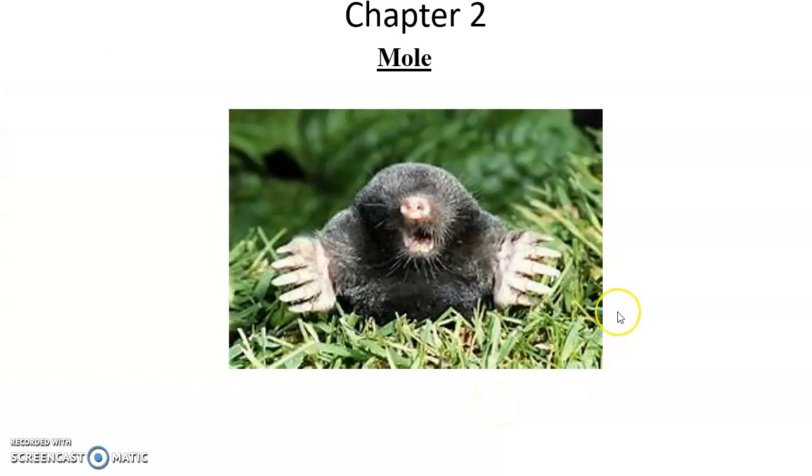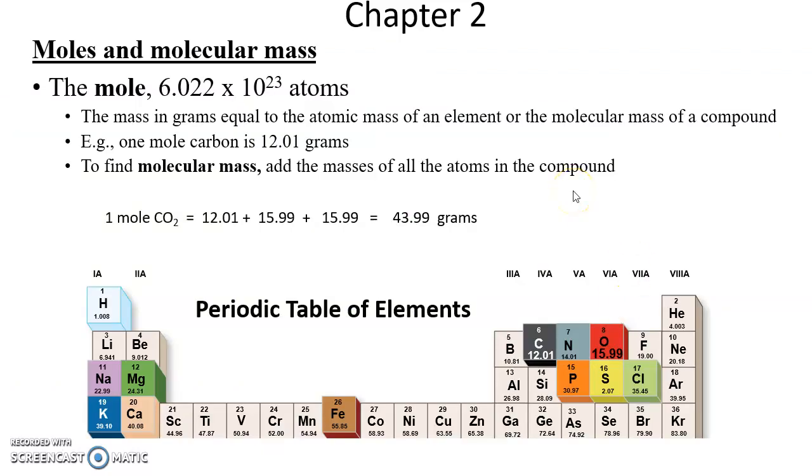Oh, and the mole, not that mole, this mole, 6.022 times 10 to the 23rd atoms. That is how many atoms is in the molecular mass of an atom. So hydrogen's molecular mass is 1.008. That means if you have 6.022 times 10 to the 23rd atoms of hydrogen, it'll be 1.008 grams.